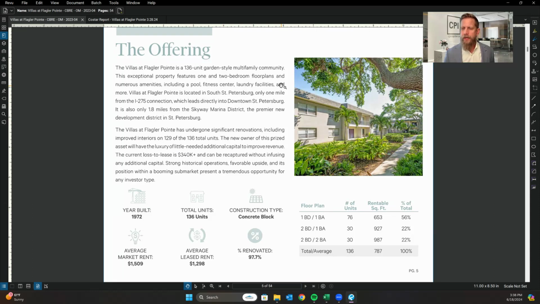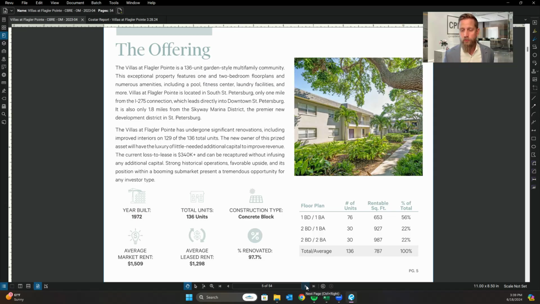What's great about using the broker OM is they've already done the homework for you. They've kind of already outlined what the opportunities are, what the business plan is, and what you should look at. So the offering memorandum is a great place to start with all the information.